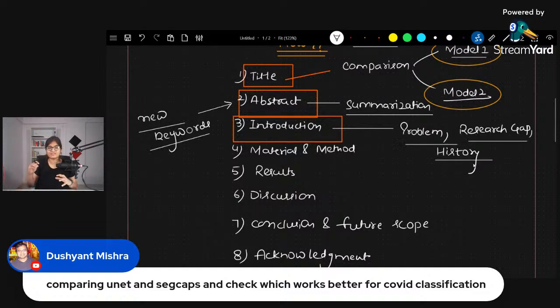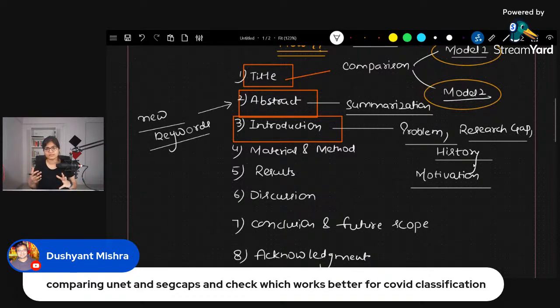For example, what's the history behind COVID, when it came, how it came. You will get an idea of why they selected this problem. You will get the motivation for doing this research in the introduction part itself. If that is not there, maybe it's their responsibility, but this is the real purpose of giving the introduction in the research paper.